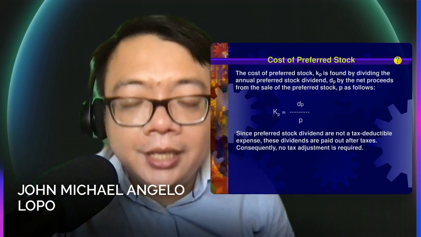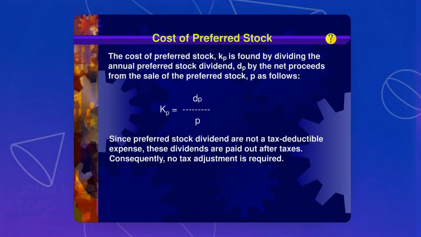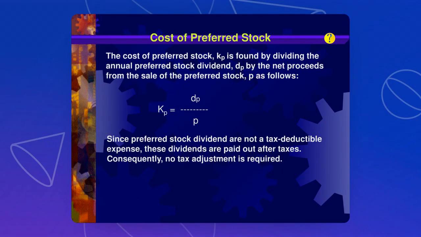In layman's terms, your dividends are not part of the income statement. If they are not part of the income statement, they are not tax deductible, diba? Wala naman dividends in your income statement. That's why no tax adjustment is required. So whatever we computed as the cost of preference shares is already our answer.